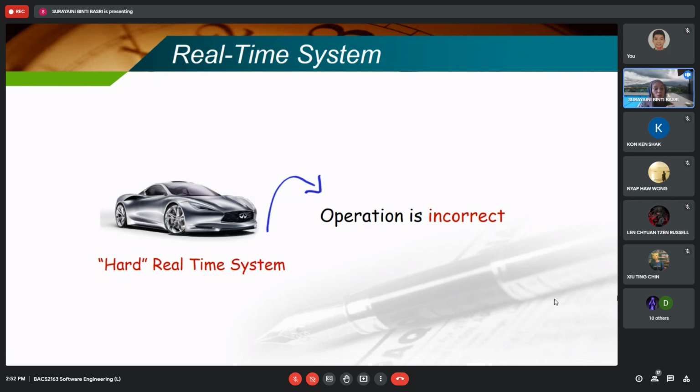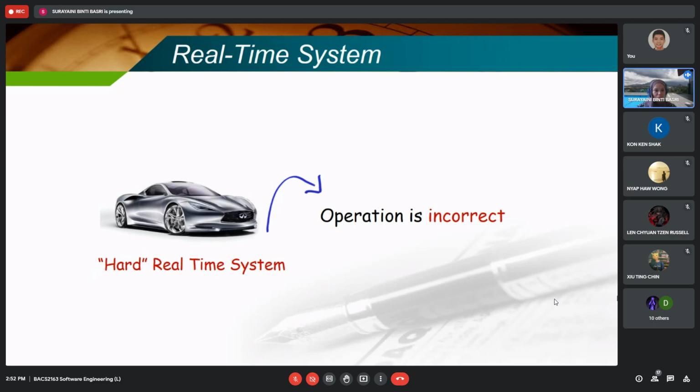Okay, so the soft real-time system is not really strict compared to the hard real-time system. The example of the soft real-time system just now is the interactive video game. Meaning if you didn't get some ranking, or you didn't get the marks within a few minutes, it will not log you out immediately.